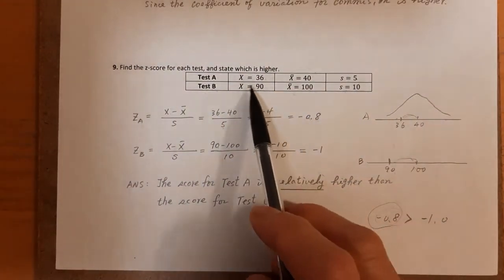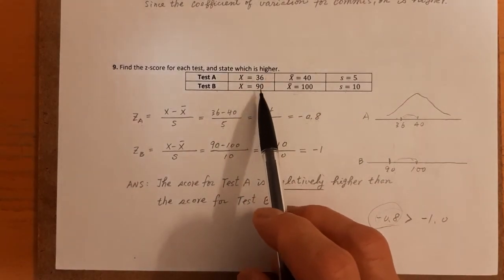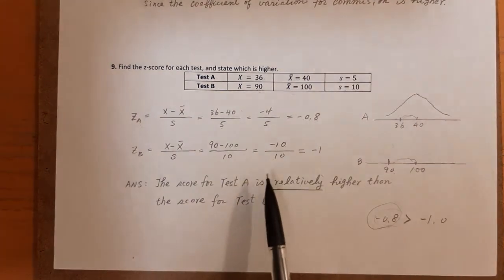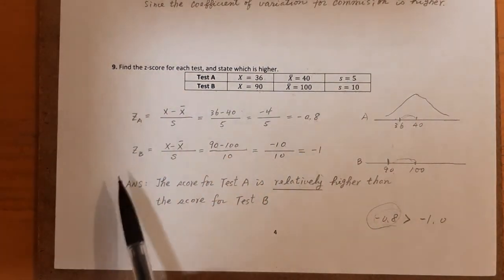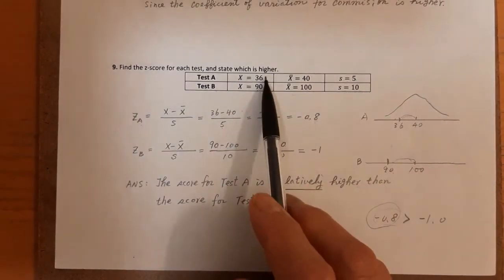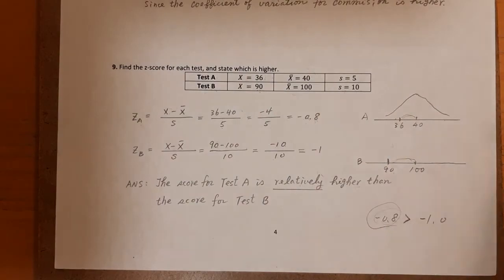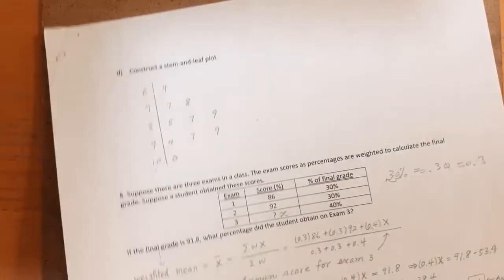But if you look at the actual numbers, 36 is less than test B's 90. But when you standardize and get the z-score, test A is relatively higher. You have to standardize because they have different means. The one closer to the mean is higher.